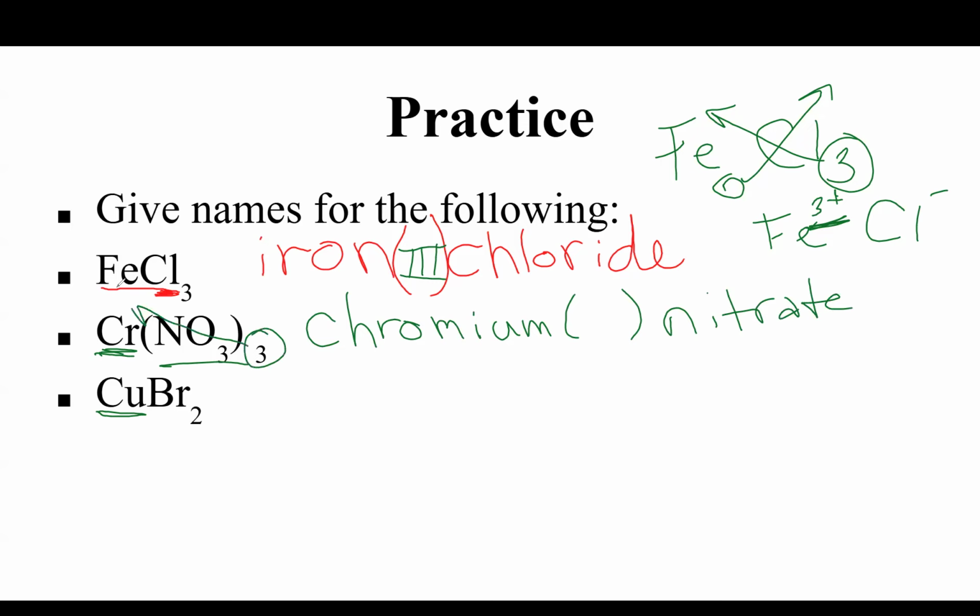Again, bring these up. This 3 would end up here, and chromium, we only have one chromium, so that's 1. So what charge is chromium in this compound? It's a 3. So this is chromium(III) nitrate.